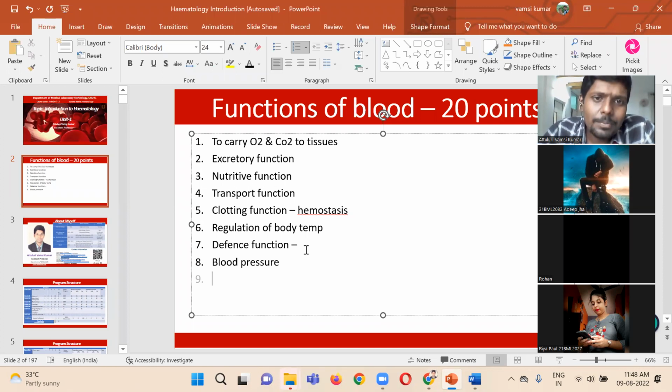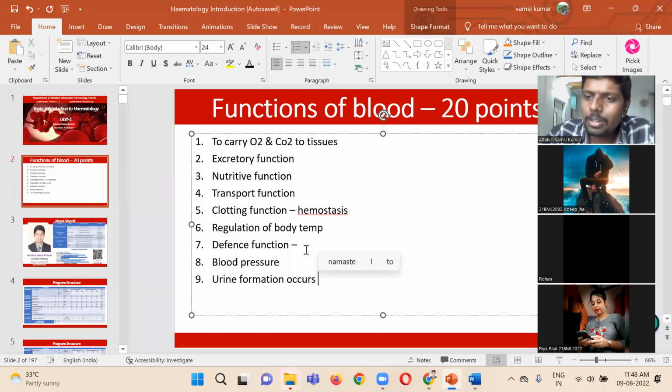What is urine? Urine is filtered blood only. Blood will undergo ultrafiltration in the kidney, so that the waste product will be the urine, right? So urine formation occurs because of blood.